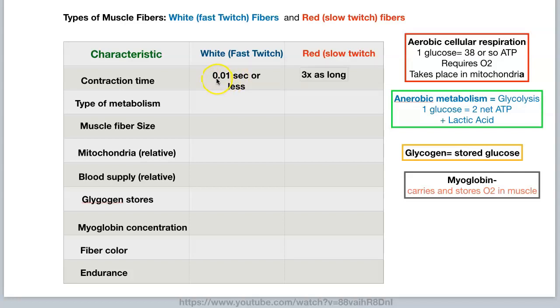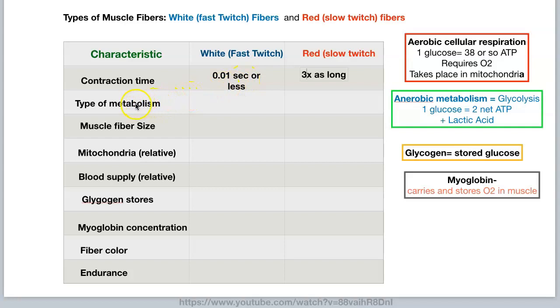It is 0.01 seconds or less. That is how long it will take for those muscle fibers to contract. Pretty darn fast. Now, red slow twitch take 3 times as long. Not that 3 times as long is slow, but they are slow relative to the fast twitchers.